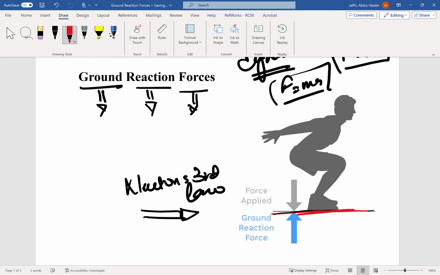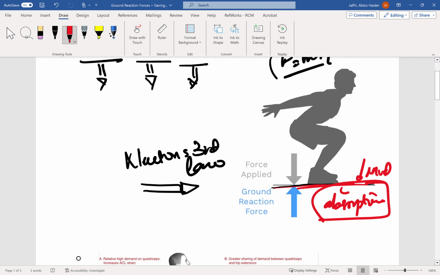But if the ground is made of mud or grass, then there would be absorption of these forces. If there are fewer forces coming out of the ground, then you are at lesser risk of injury. You are at more risk of injury when you are walking or running over concrete, because everything comes back.